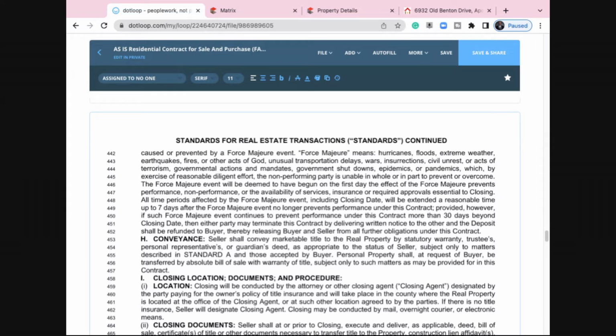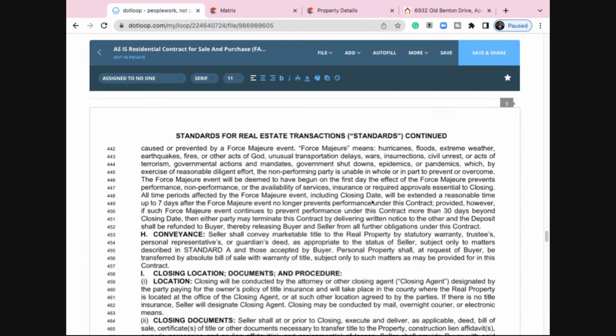You would have to get insurance before a named hurricane hit the box, or you have to wait till the named hurricane passes, moves out of the box before the insurance company will write insurance on that property. So that's important. Okay, so insurance or required approval essential to closing.